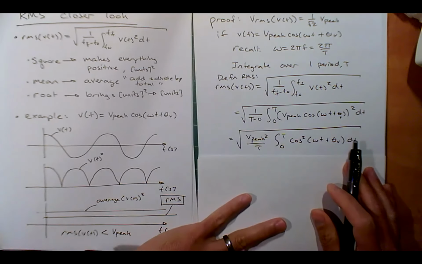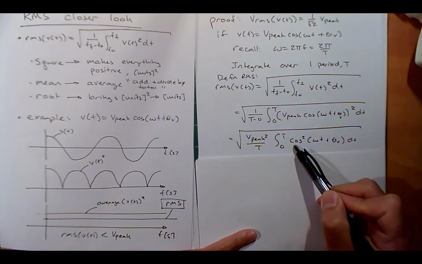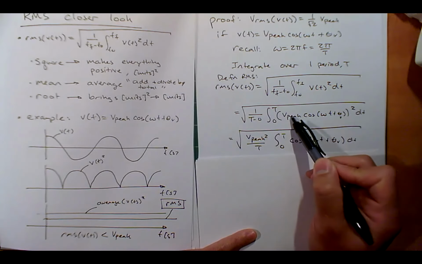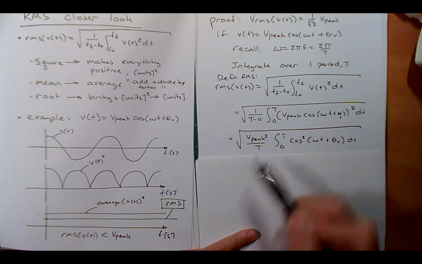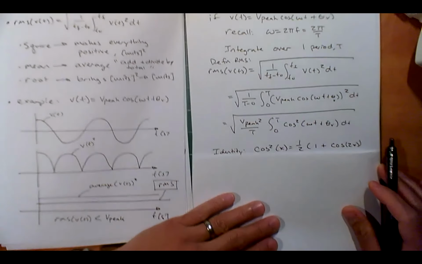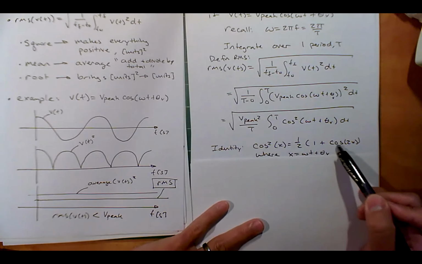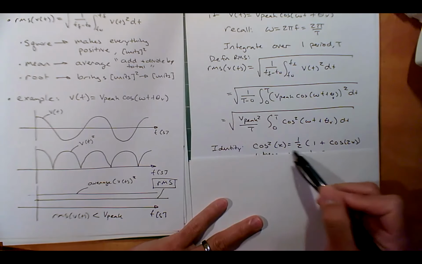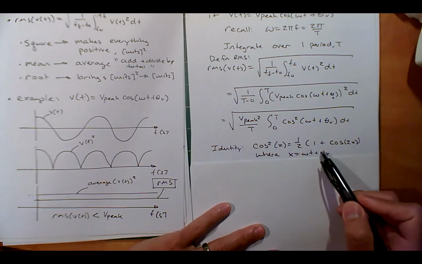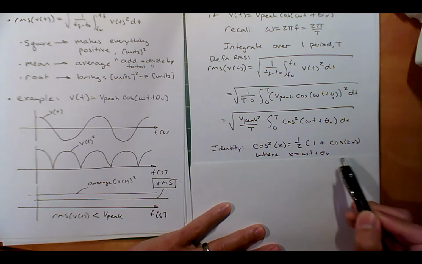What do we get here? We get cosine squared, and the square goes here on Vp, so Vp squared is a constant that pulls out of the integral. There's a nice trig identity: cosine squared of x equals 1/2 times (1 plus cosine of 2x). You can Google that and look up the identity. Notice x, the argument here, is omega t plus theta v.